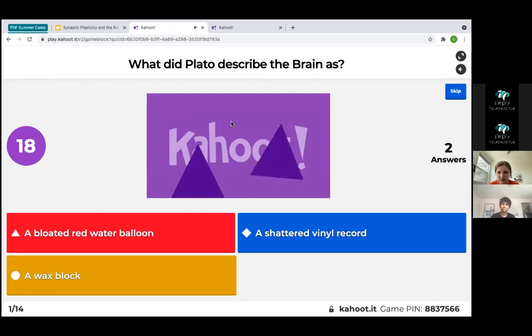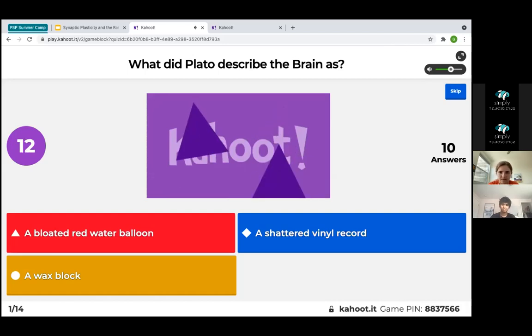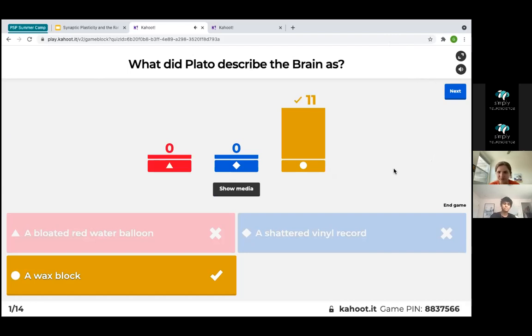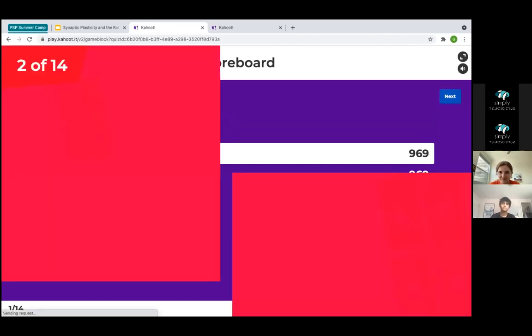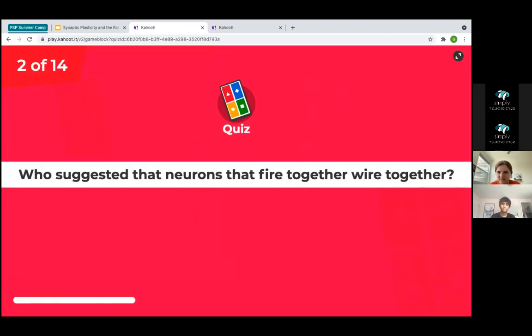All right, so what did Plato describe the brain as? Yes, a wax block. Yes, 100%. Awesome, everyone. All right, next question.